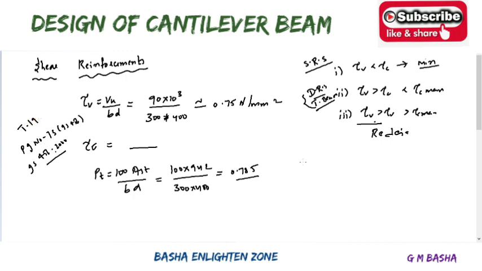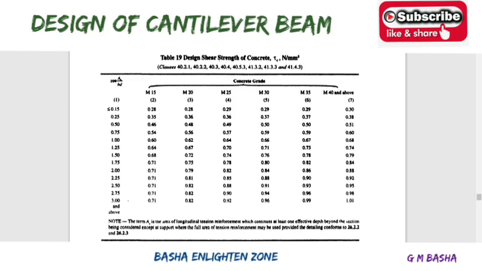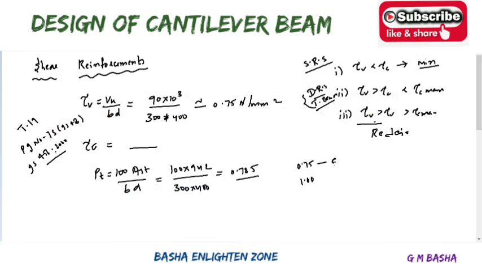Okay. So this 0.785 lies between 0.75 and 1.00. What is the value for 0.75 for M20 grade concrete? It will be 0.56, and for 1 it will be 0.62. So it will be 0.56 and 0.62.